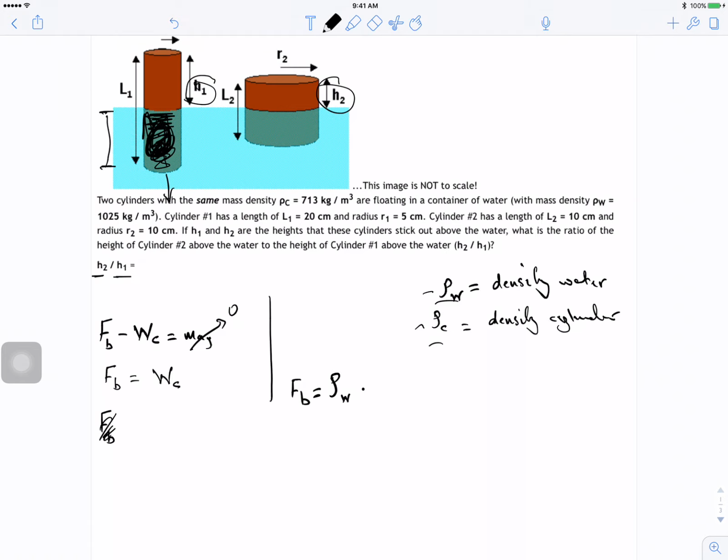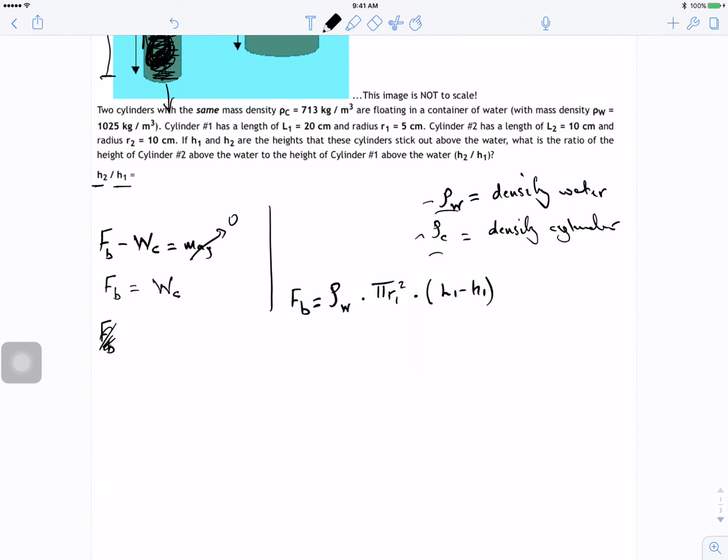Does that make sense? Because the weight of the water is only in this area, the displaced water. So times pi r1 squared, and then times the height. And the height in this case is L1 minus H1. Kind of make sense? Alright, cool.